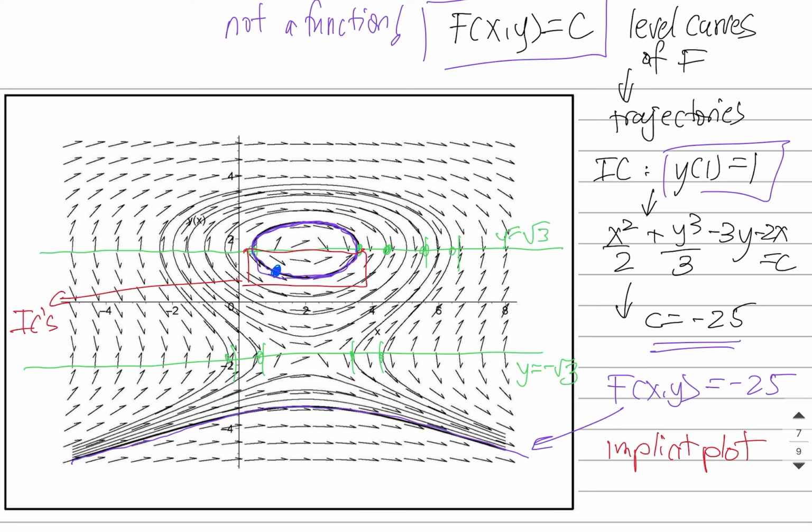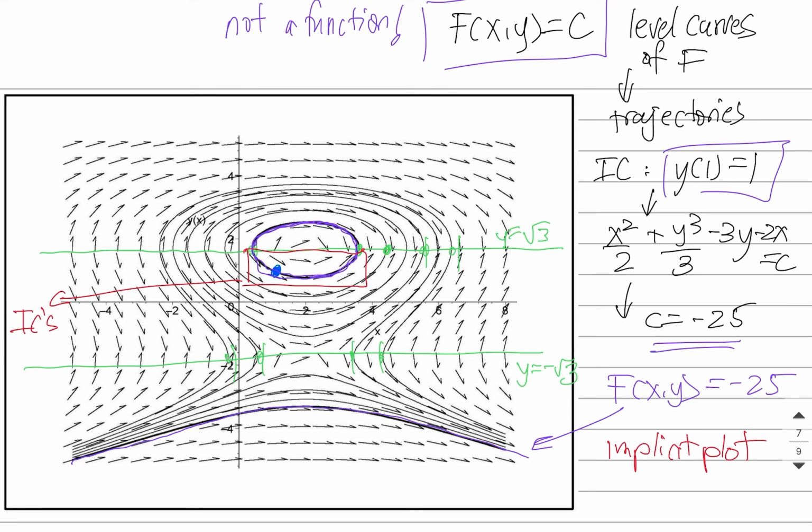I'm hoping that you can see out of this that, number one, the formula isn't really useful. Sure, we can do some algebra and calculus and get a formula with x's and y's, but unless I have Maple to visualize this, it's pretty difficult to get any understanding of what's going on.